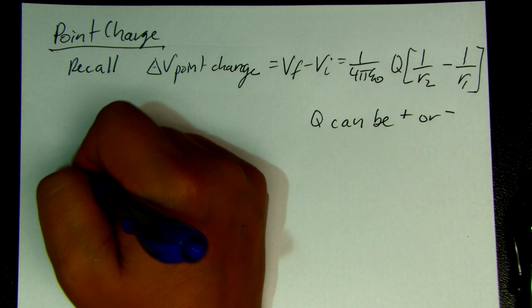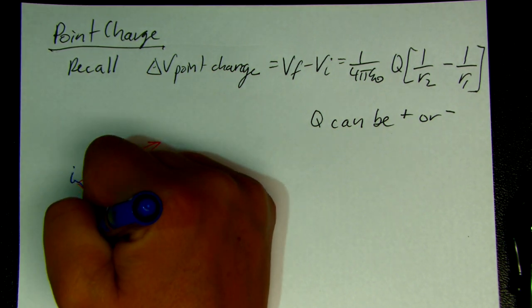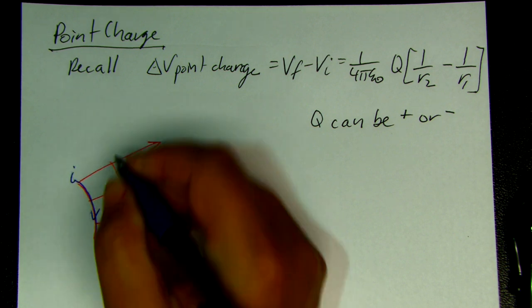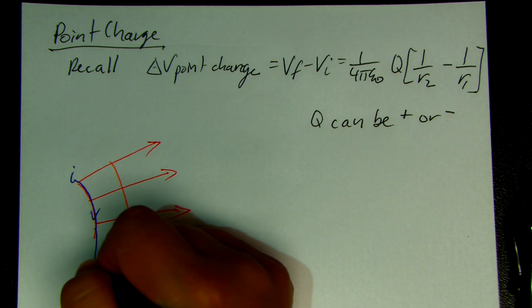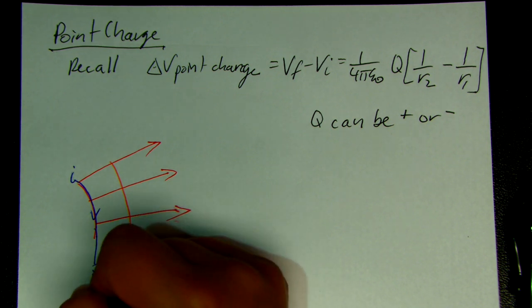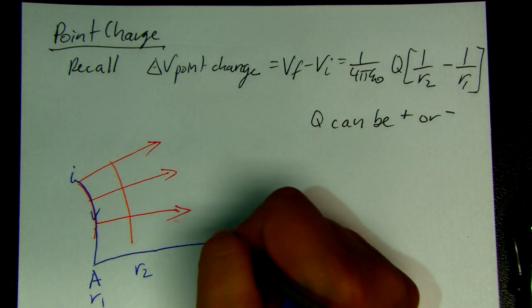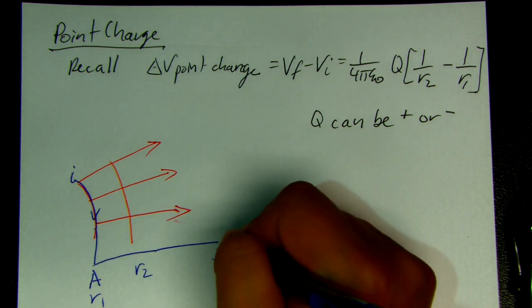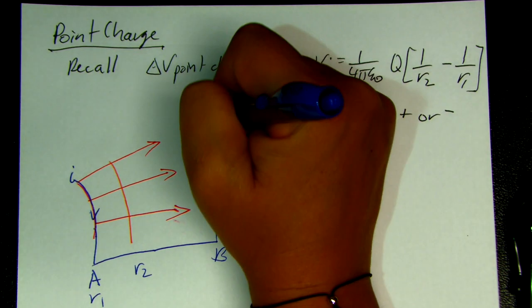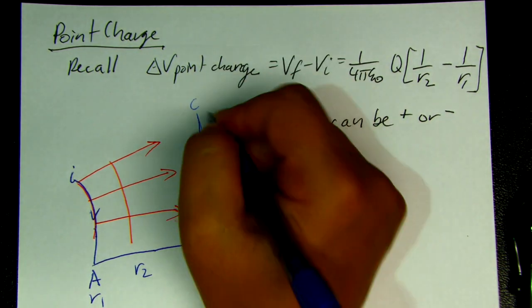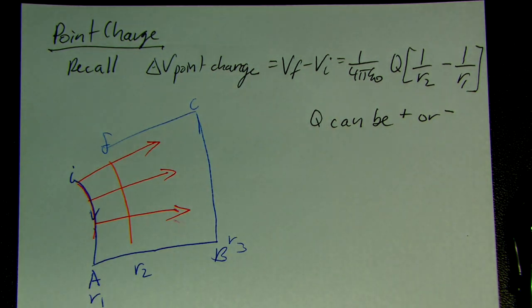So we're going to go from our initial spot to A. So R1, R2, to B, to C, and all the way down to our final position.